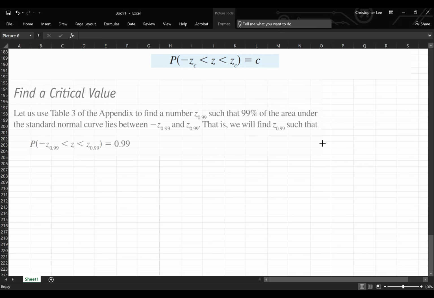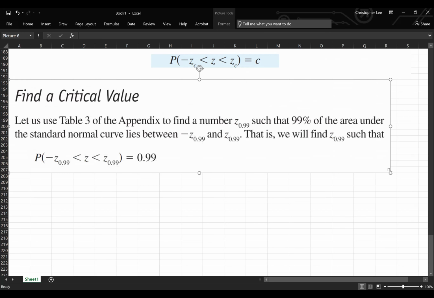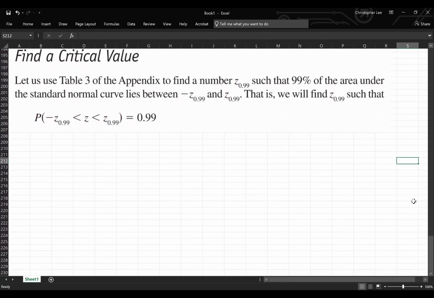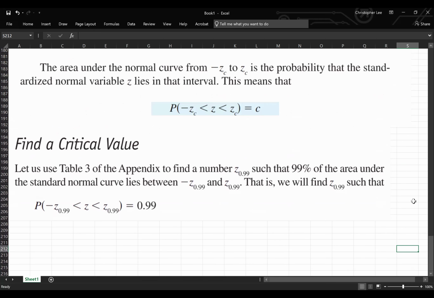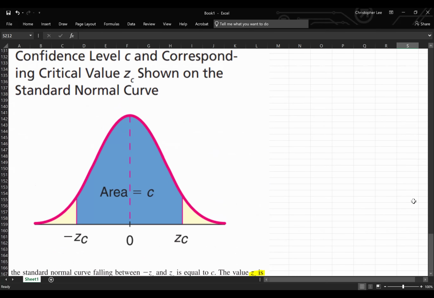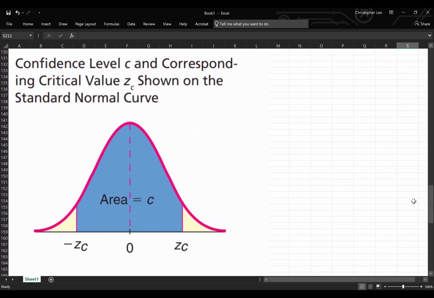The probability of negative z critical less than z less than z critical is equal to C. No, C is the area that's under the curve in between the two z values.